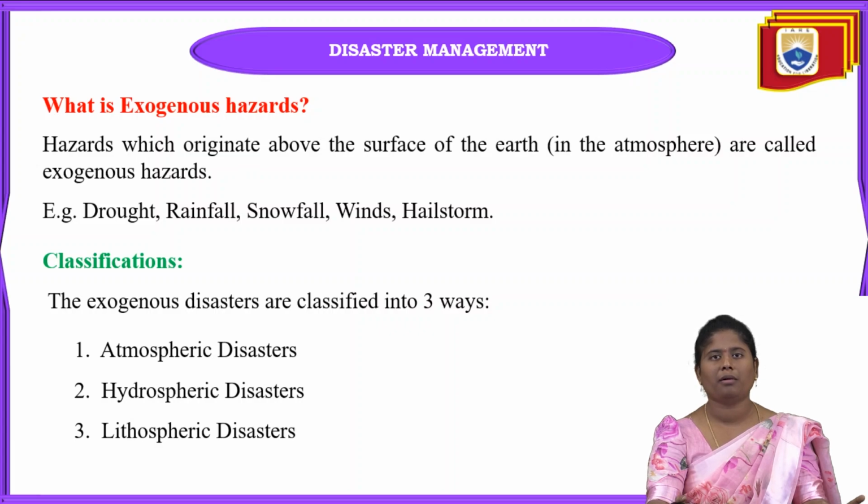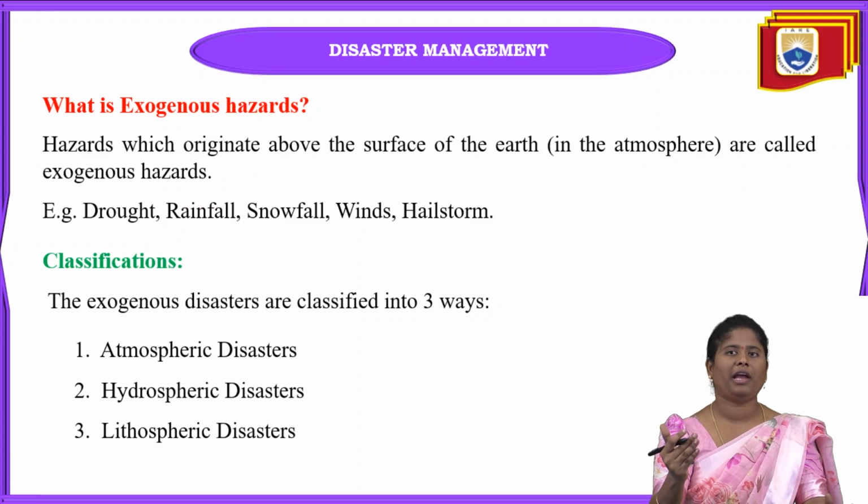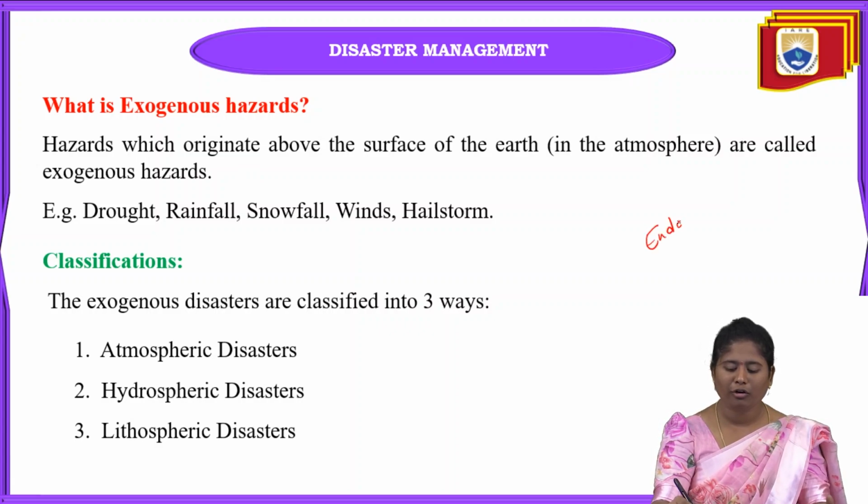Okay. And coming to exogenous hazards, what is meant by exogenous hazards? Mainly these hazards are going to be generated above the earth surface. We have two types here: endogenous and exogenous. Exogenous is nothing but above the earth surface.